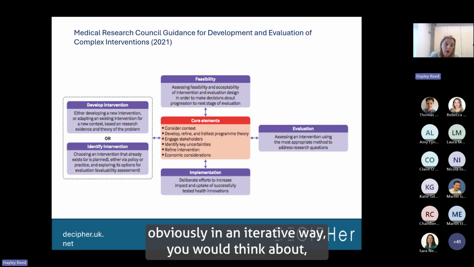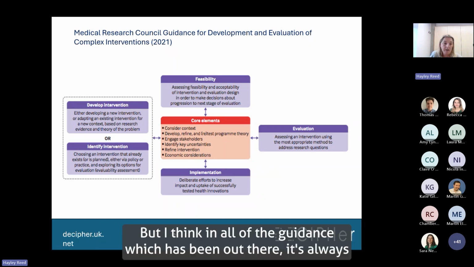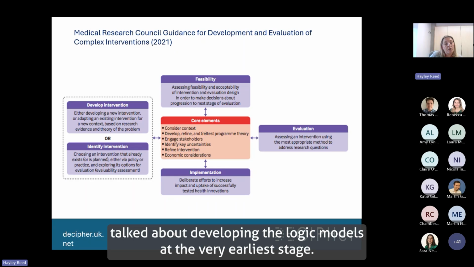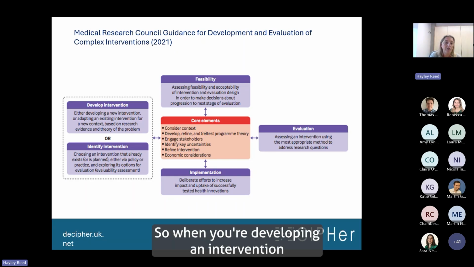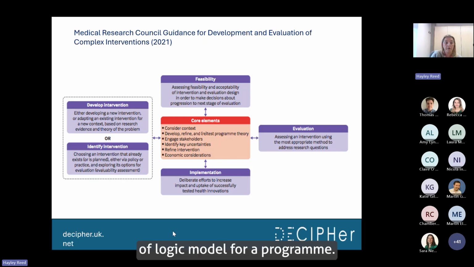Obviously, in an iterative way, you would think about doing it throughout, and there wouldn't be those specific stages. But I think in all of the guidance which has been out there, it's always talked about developing the logic models at the very earliest stage. So when you're developing an intervention, that's when we should be having our first iteration of the logic model for a program.